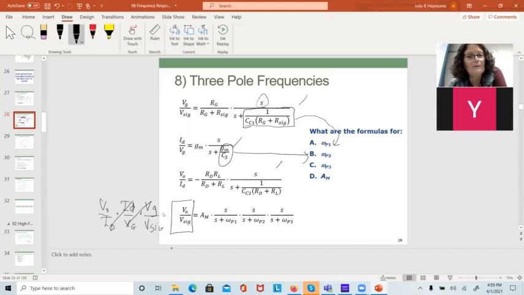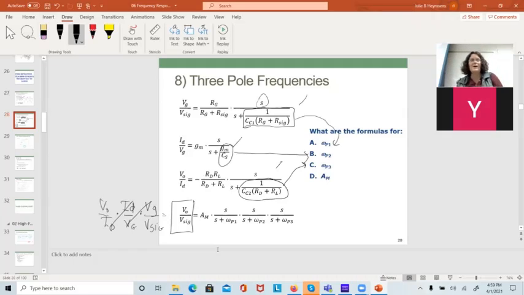My third pole, because I've got to multiply all these together, and these are all factored already, is going to be at 1 over C_C2 times (R_D plus R_L).